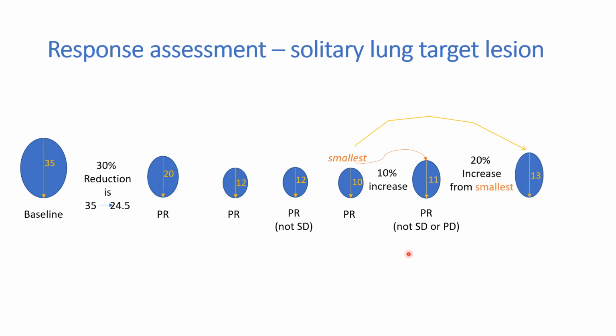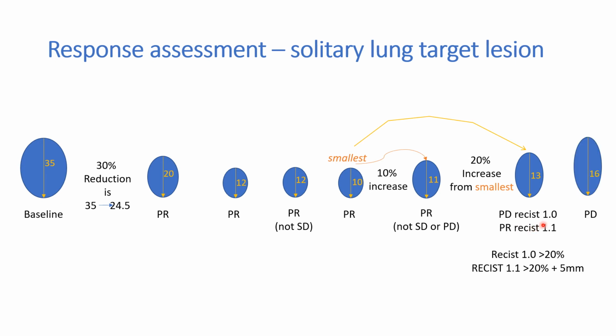So now here's the trick. You get a further small increase. So it is a 20% increase. So actually in RECIST 1.0, this was called PD. But in RECIST 1.1, because the sum of diameters hasn't increased by more than 5, 10 to 13, 10 was the nadir, 13, it's actually still called PR.